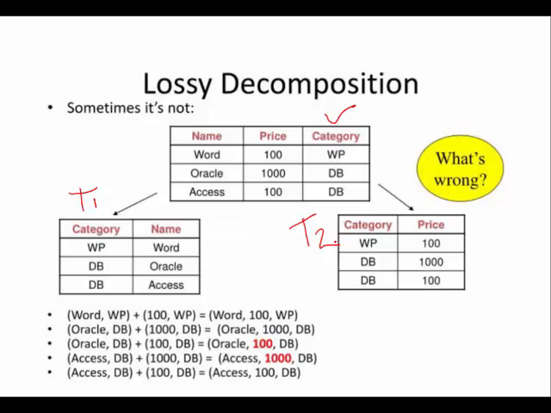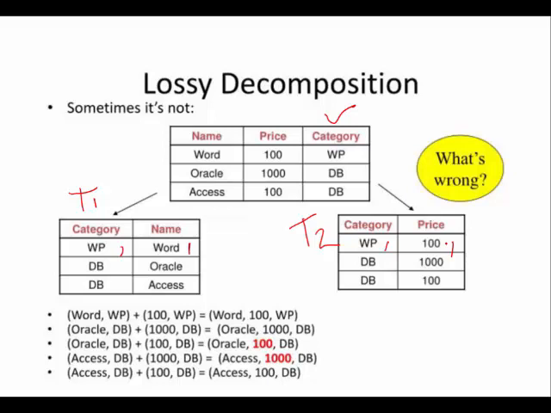So we will try to combine table 1 and table 2 again. In table 1, Word and WP, plus 100 and WP. This one is for table 1. Then in table 2, we have Oracle and DB, and then 110 DB.